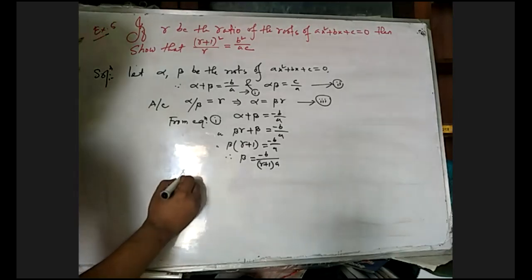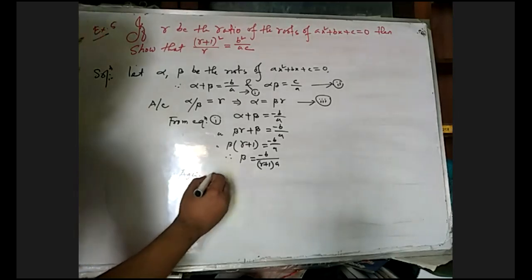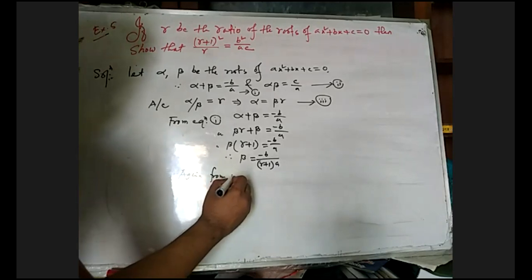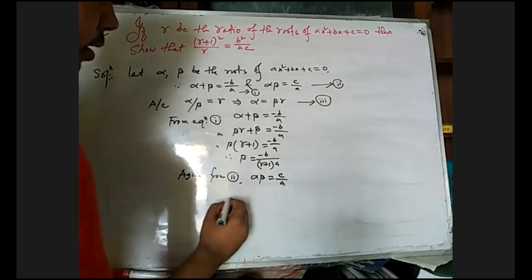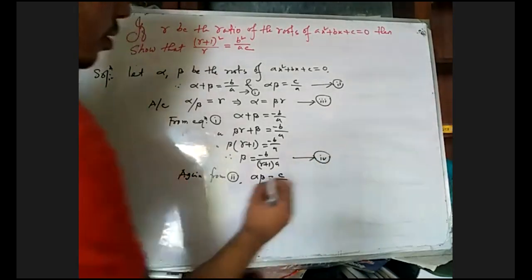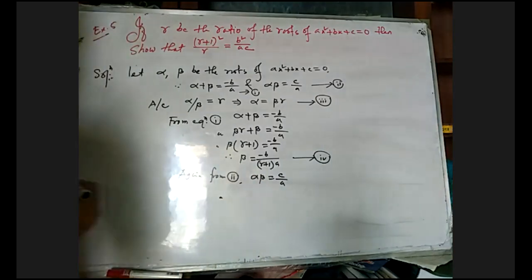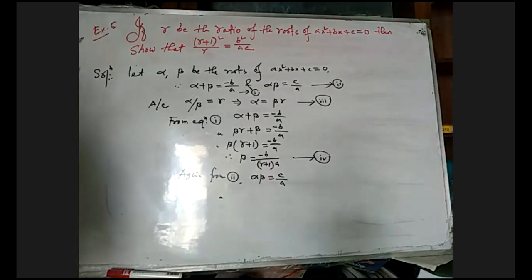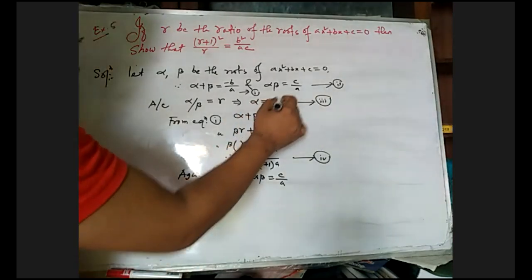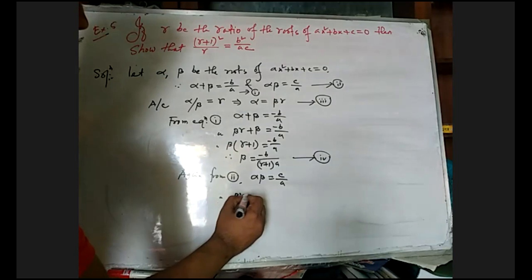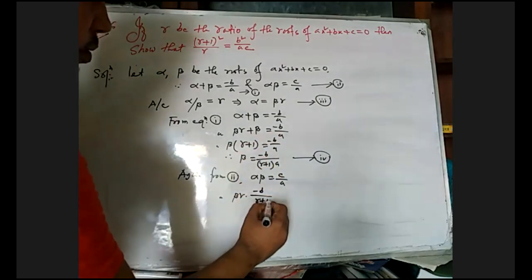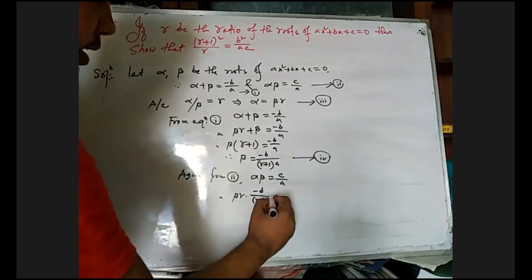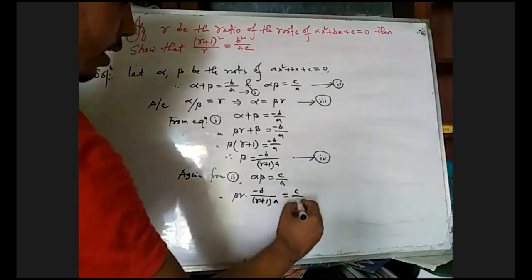Again from equation 2, alpha into beta equals c by a. This is equation number 4. Now putting the value of alpha and beta, alpha equals beta r, and beta equals minus b divided by (r plus 1) into a, equals c by a.